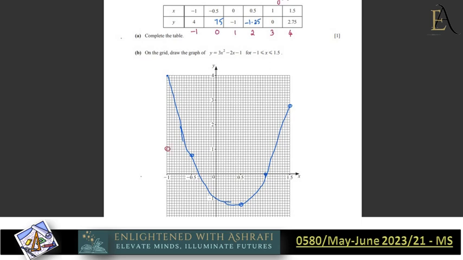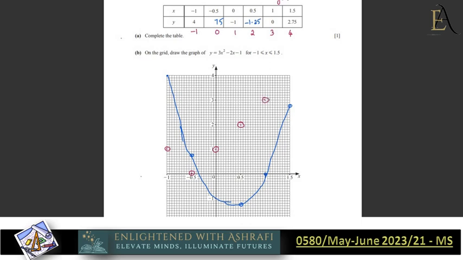This is minus 0.5 and 0. Zero plus 1, 0.5, 2, 1 is 3.